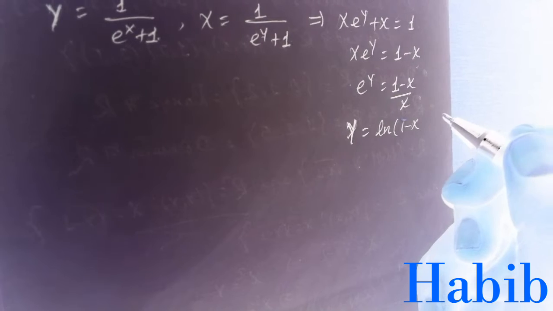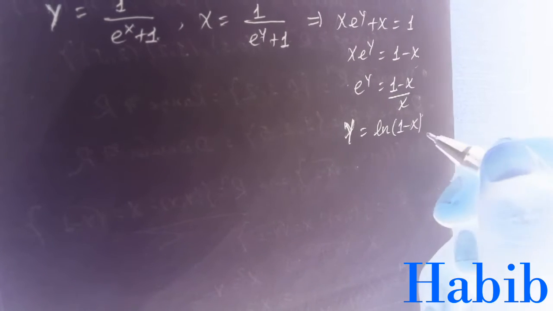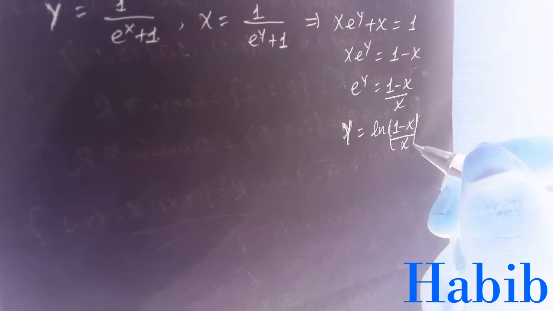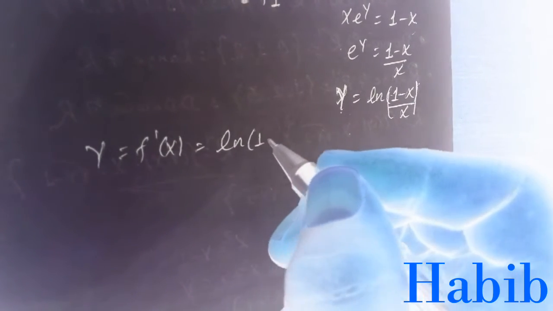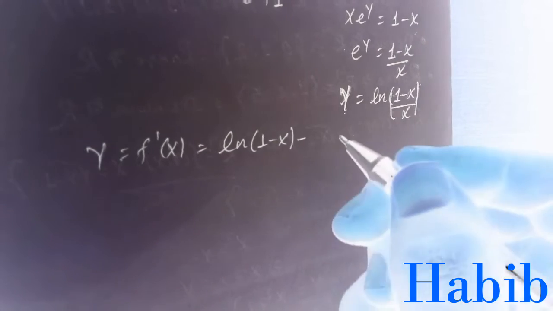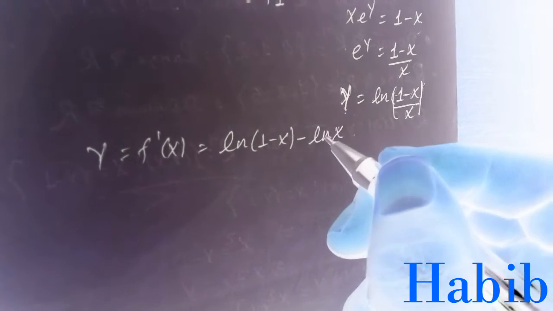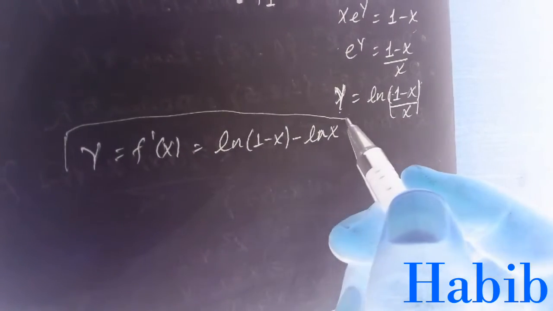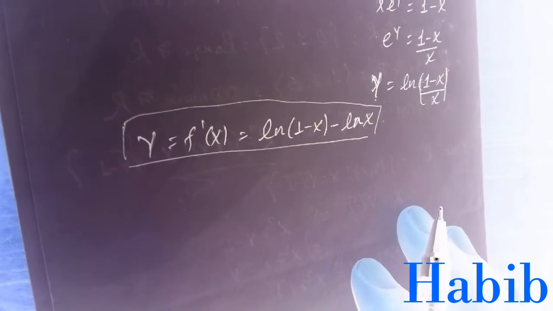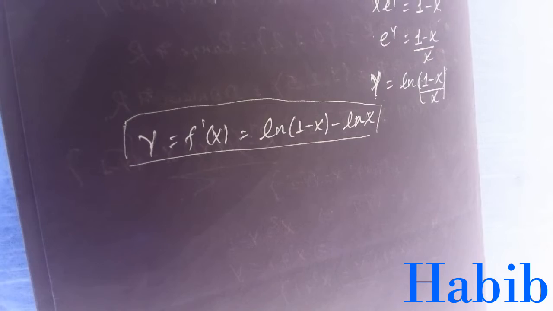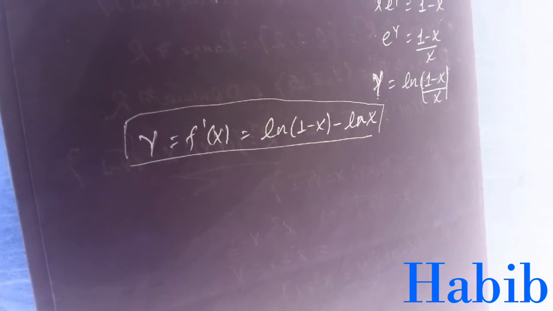Therefore y, which is f inverse of x, equals ln(1 minus x) minus ln x. This one is the inverse function of that one.